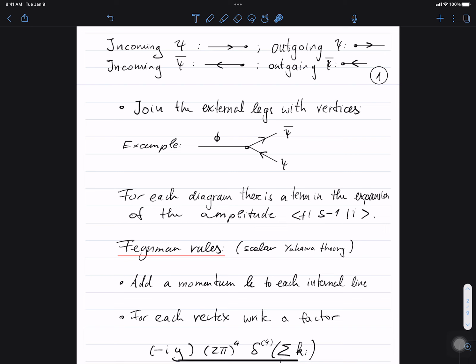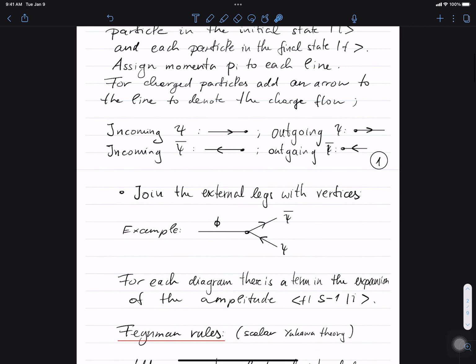Let us consider the simplest example. We just have a theory where in the Lagrangian we have interactions of the type phi psi bar psi. So we can draw the following diagrams. We have charged fields where the outgoing antiparticle is denoted like this.